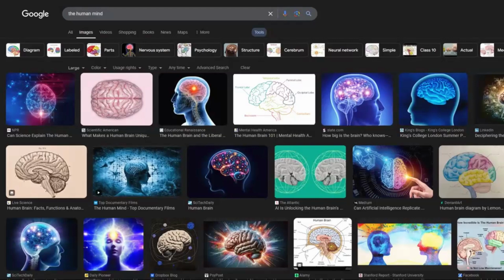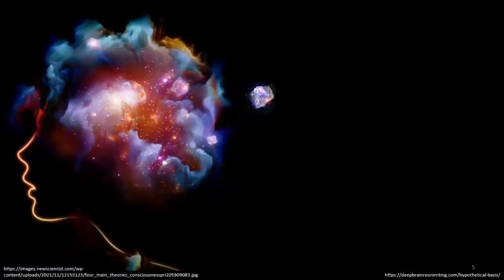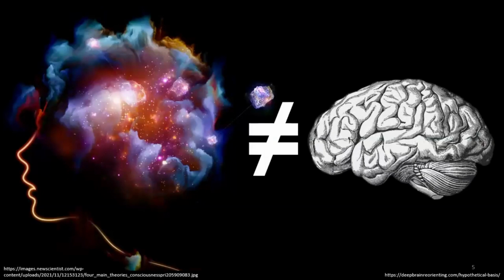So it's very important to remember this distinction: your human mind, what we conceptualize as that entity that processes the information that you then use to create thoughts and behavior, does not equal the human brain. The human brain is a very important component of the human mind.